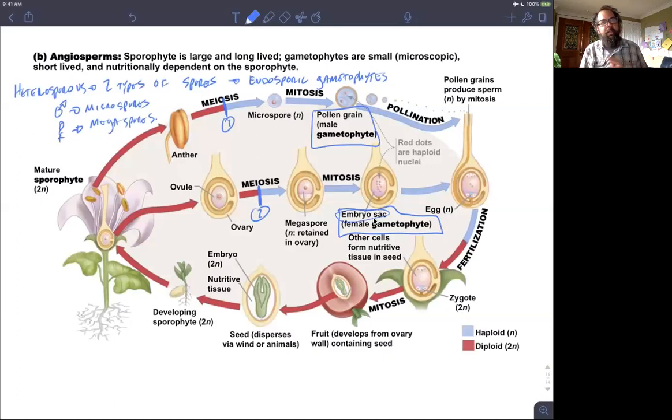Okay, the other thing I want to point out on here is that we need to have the male gametophyte get close to the female gametophyte, and that is what we call pollination. So pollination can be defined as the movement of the male gametophyte close to the female gametophyte.